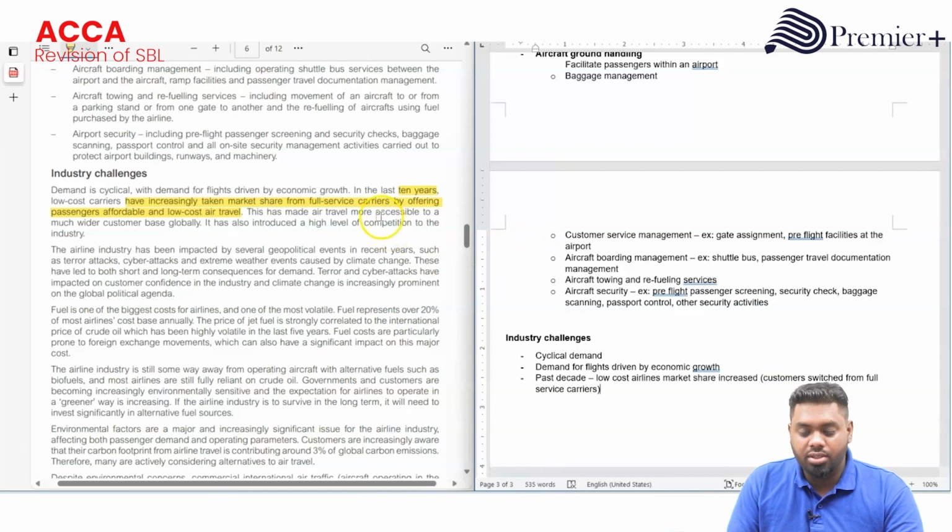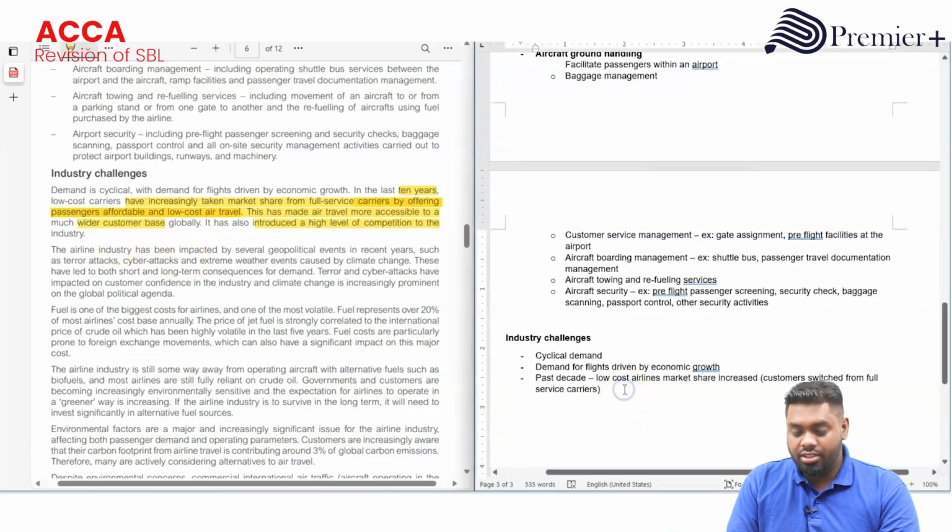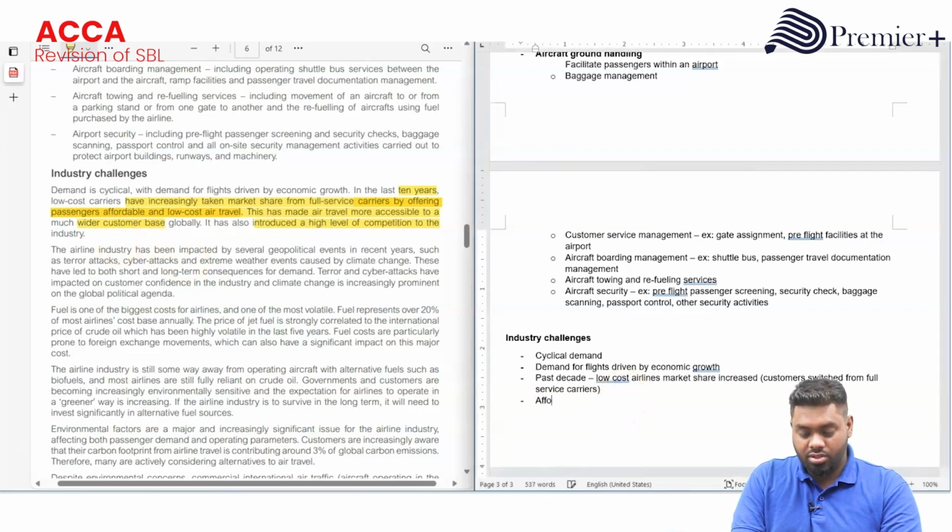This has made air travel more accessible to a much wider customer base globally. It has also introduced a high level of competition to the industry. This has created affordable air travel and widened the customer base, because air travel is now more affordable and accessible.